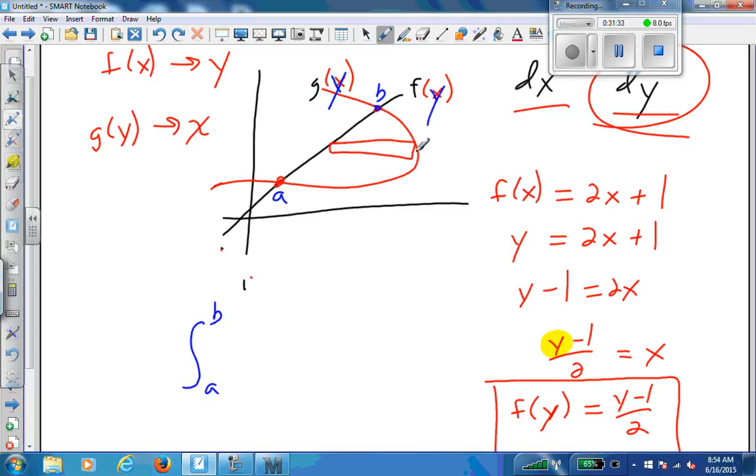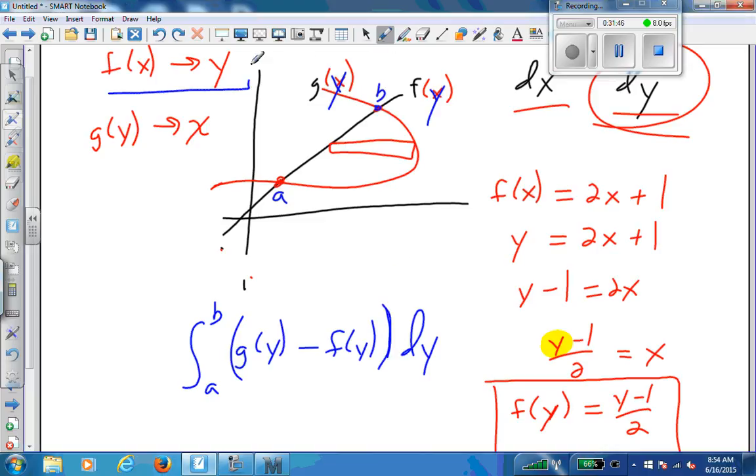So the right function minus the left function, dy. But again, if those functions were originally in terms of x, we would need to rewrite them as functions in terms of y by solving for x. Okay, so that's what 7.1 deals with.